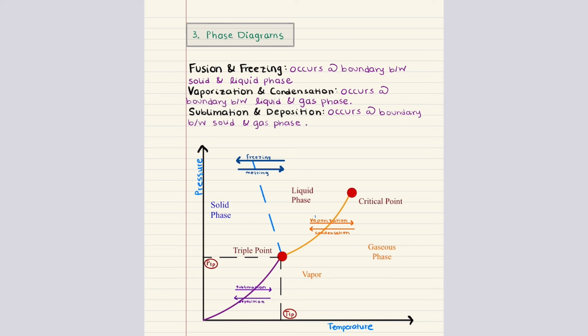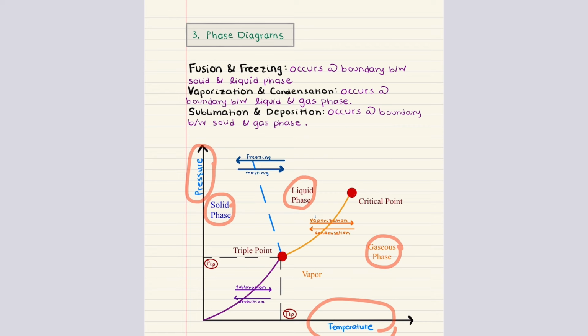Now, in a phase diagram, the x-axis typically represents temperature, and the y-axis typically represents pressure. The diagram is also divided into regions that represent the different states of matter. Here is our solid phase, our liquid phase, and our gas phase for a particular substance.